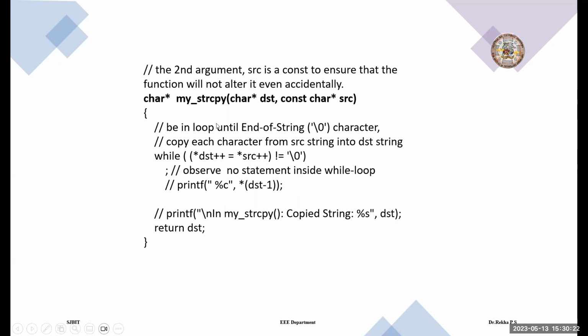It will return the destination string to whoever calls this function. That's why char star is the return type, a character type pointer, where the complete string is sent when the function is called.